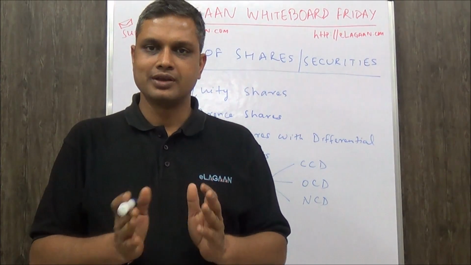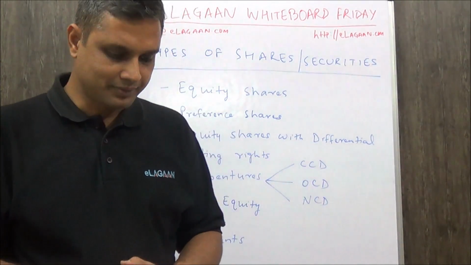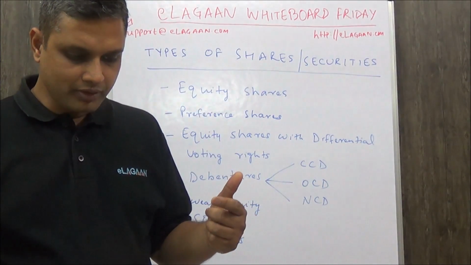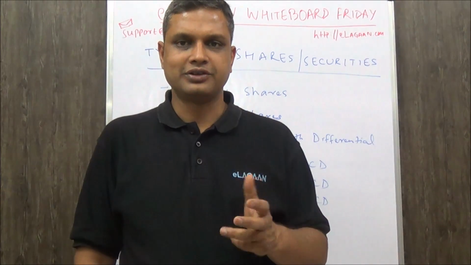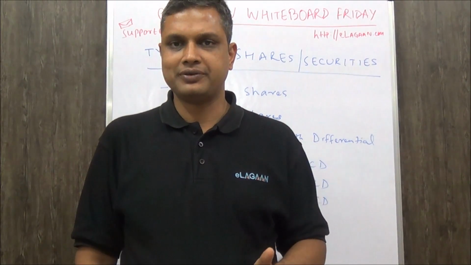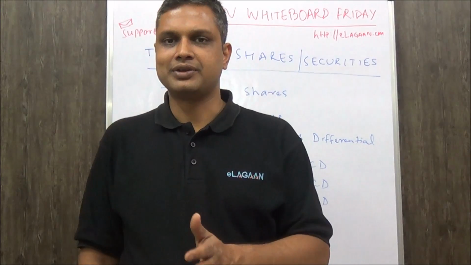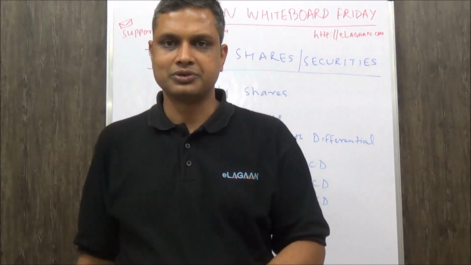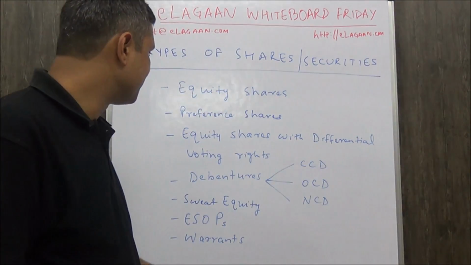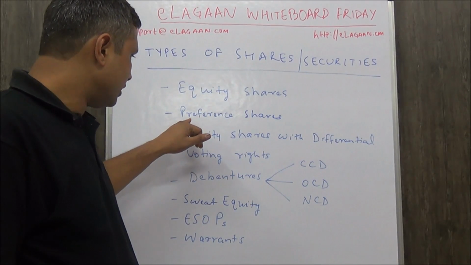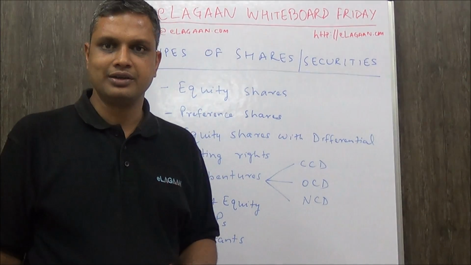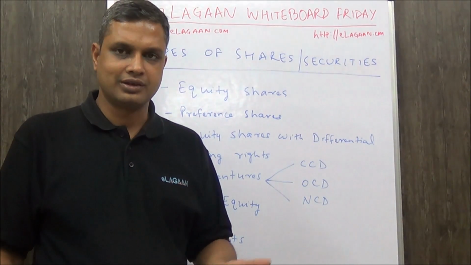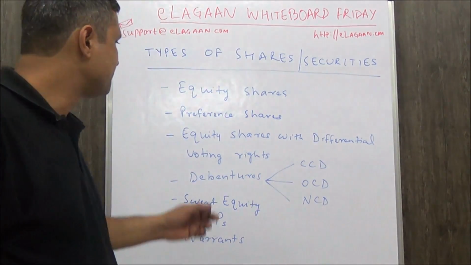That means if the company goes into liquidation, whatever remains by selling the assets would first be distributed among the preferential shareholders. Then if something is left over, it goes to the equity shareholders. Preference shareholders do not have voting rights associated with them.